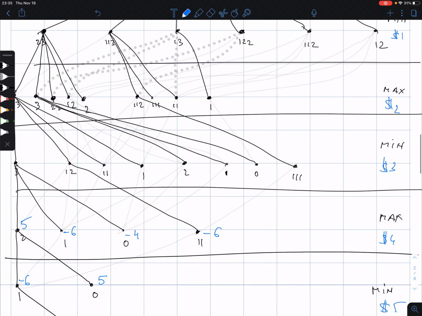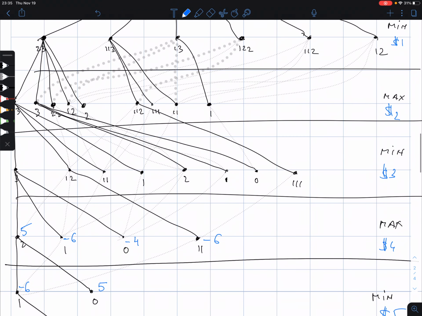We go to the next level, which is a min level. So we're going to have to take the minimums. So let's look at this one first. We have 5, -6, and -4. This is the worst of you. That is -6 for you. The 1, 2 has a 5, a negative 6 child, and a negative 6 child.